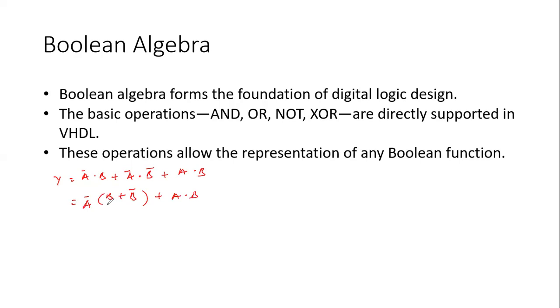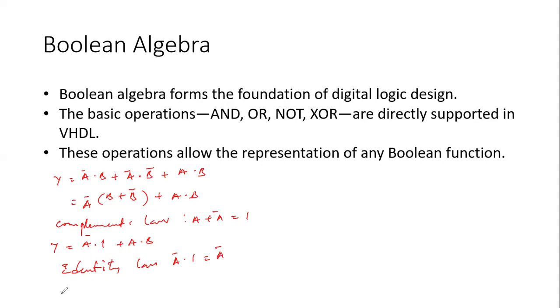Now, we already know the complement law. So if we invoke the complement law, we have that B plus B bar is the same as 1. So now Y will be the same as A bar dot 1 plus A dot B. Now, you also recall that the identity law states that A bar dot 1 is the same as A bar. So Y will now be the same as A bar plus AB.